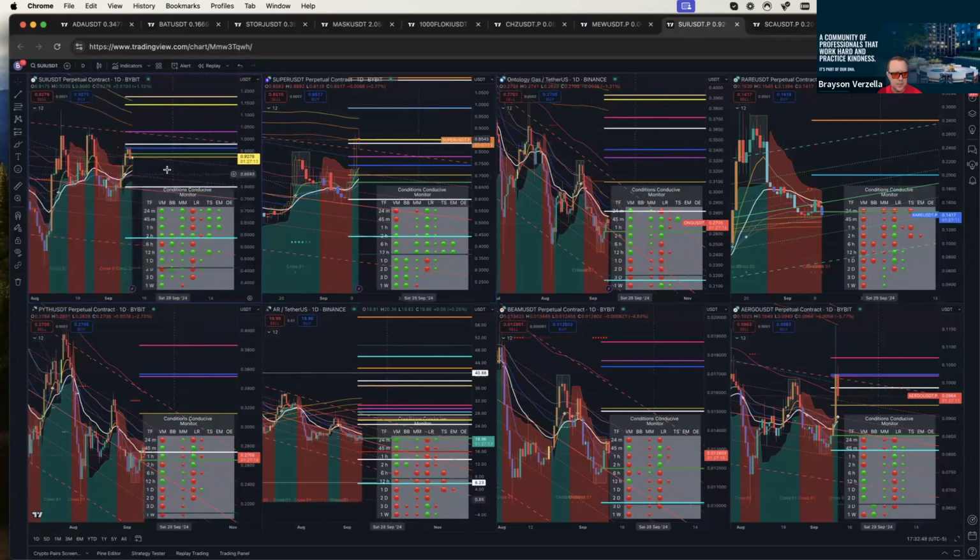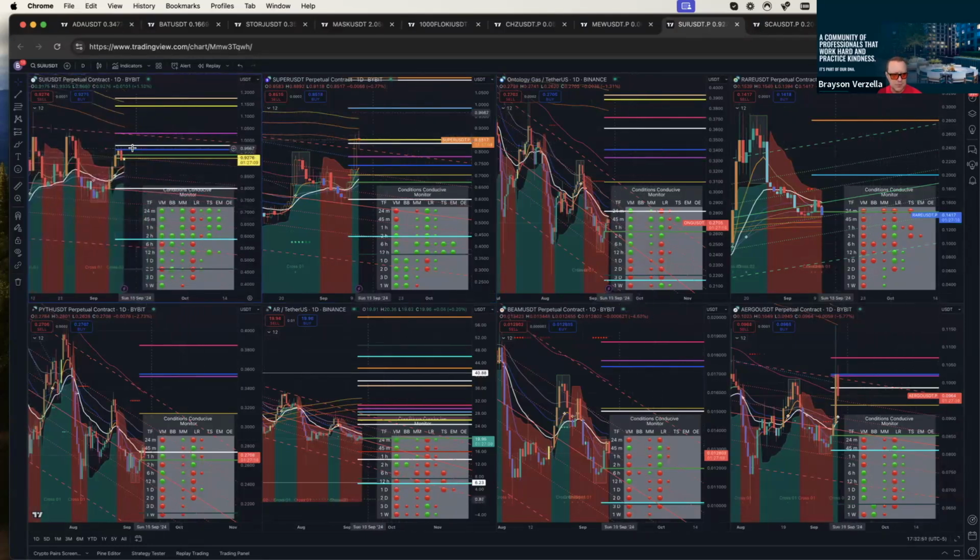I like SUI. SUI looks decent, except it's just right below this big stack of pressure lines. So rather than forcing myself to make a move and enter a trade, needing to long or short something just because my impulse is driving me, the better decision is, I like SUI. SUI may actually be doing something.